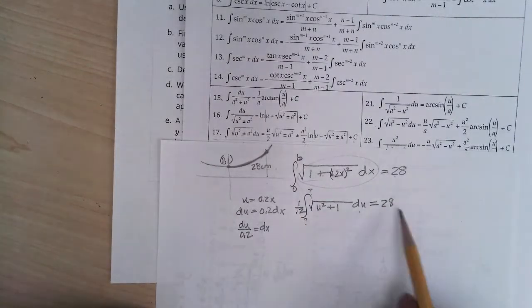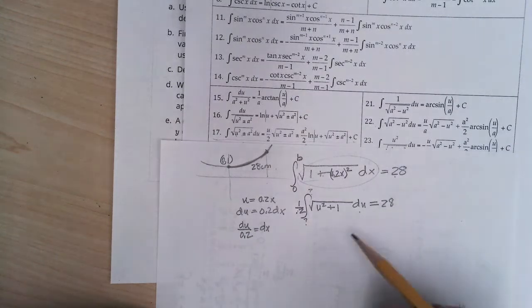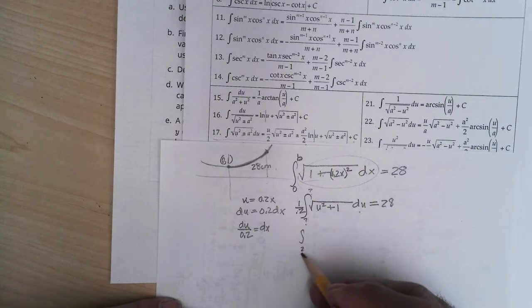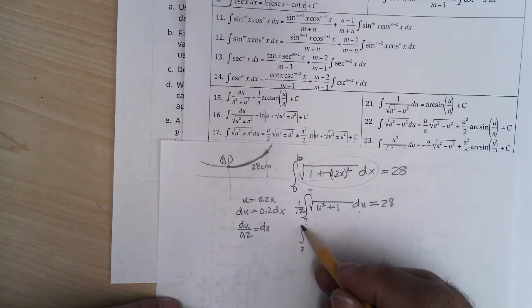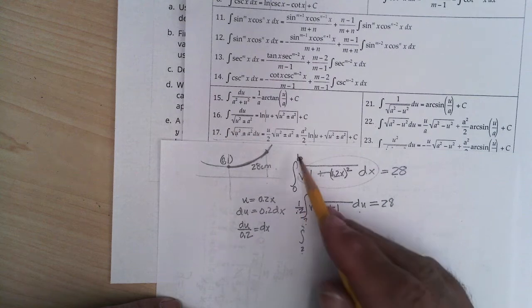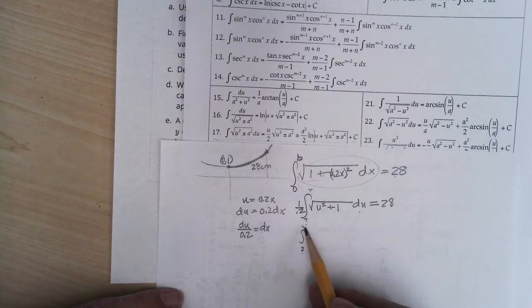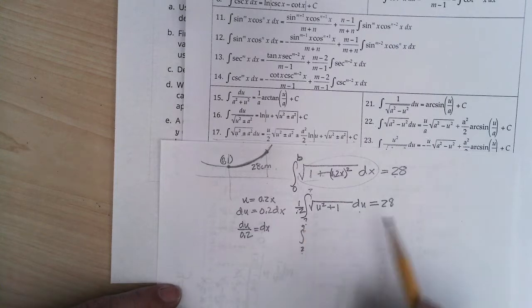Now I could multiply both sides by 0.2. And that would be all right. So then I'd have the integral from something to something, because that's u limits, not the x limits, 0 to b. So I'm going to change back to x, so I'm not going to worry about finding what these limits are.